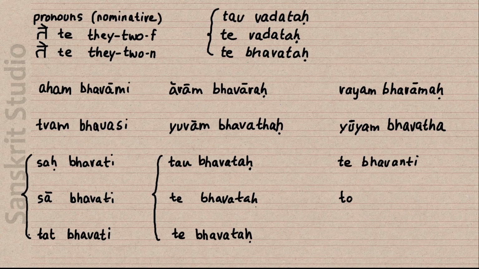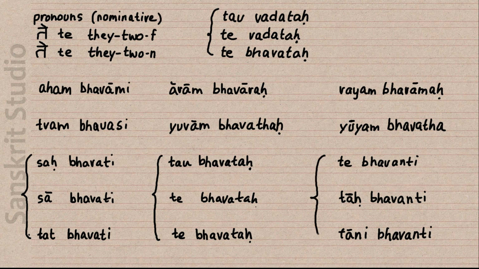And in the feminine here, taha, long a, taha bhavanti. And another long a, tani bhavanti. Alright, so these are the forms then, and these three here also use the same verb form.